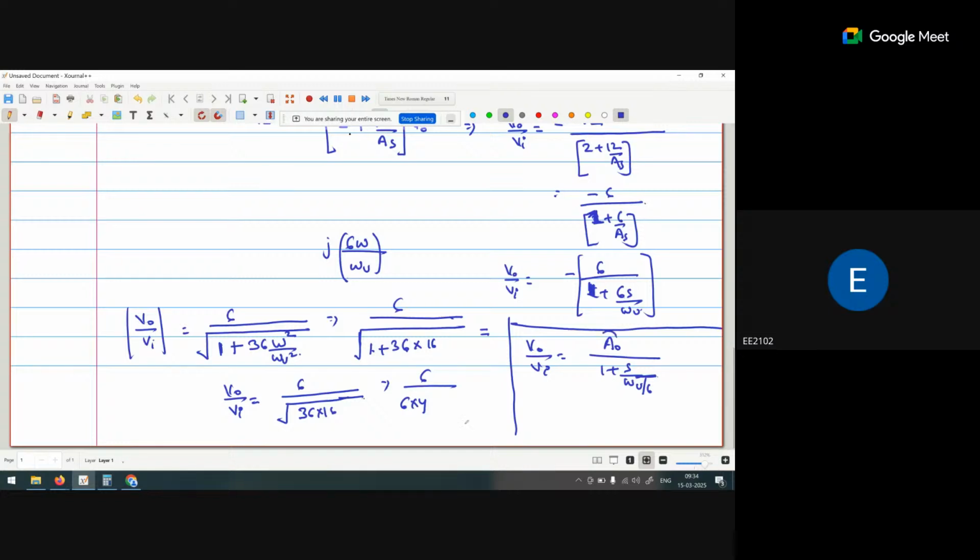So this A naught term, the magnitude of A naught, is nothing but the DC gain. Okay, and if we are talking about this omega u by 6, it is the bandwidth of closed loop system.